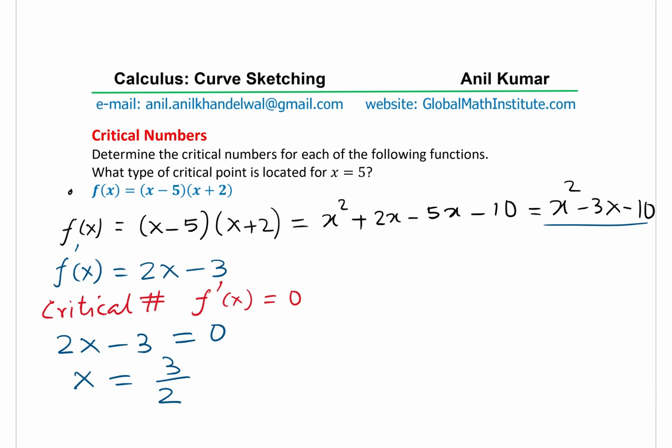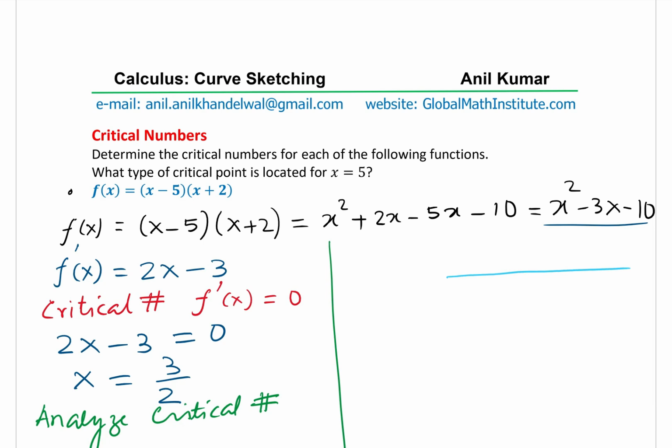Now we need to analyze what type of critical number it is. To analyze, we could do a couple of things. So we'll now analyze the type. Many things you could do. You could just check it using the intervals.